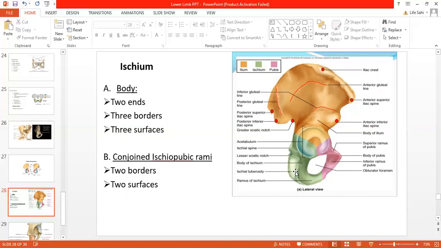Posterior border is the one that is going to be continuous superiorly with the posterior border of the ilium, which we know from our previous lecture extended from the posterior superior iliac spine, continued downward till it reached the ischial tuberosity, where it is going to be continuous with the posterior border of the body of ischium.